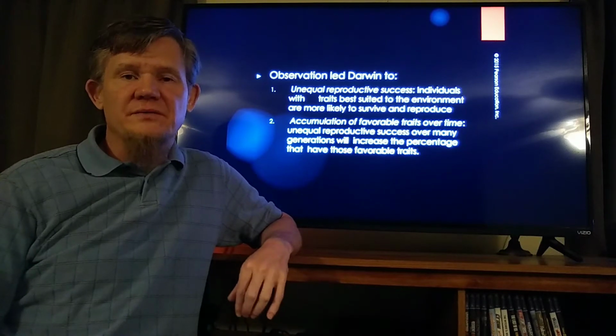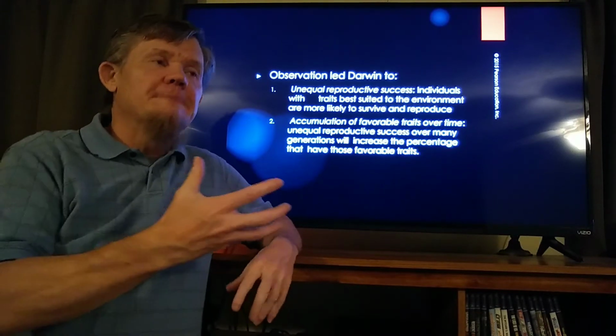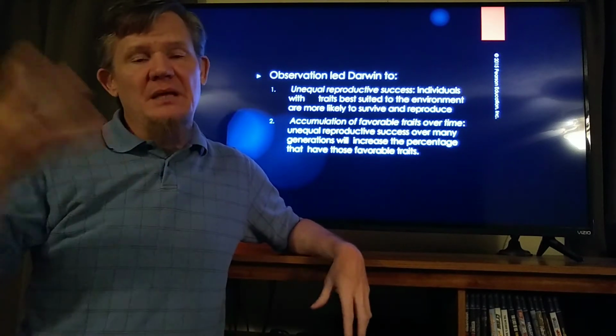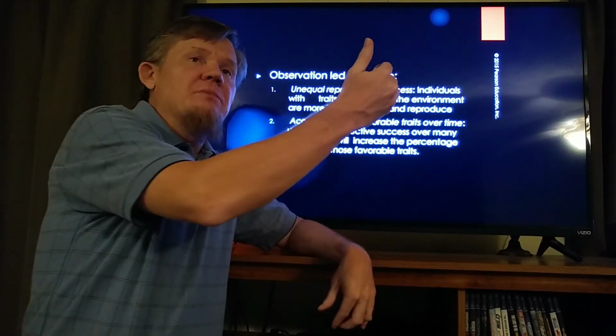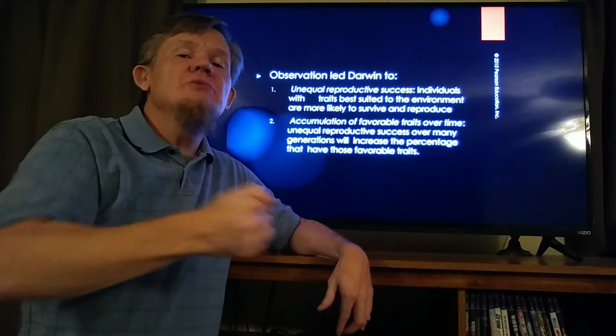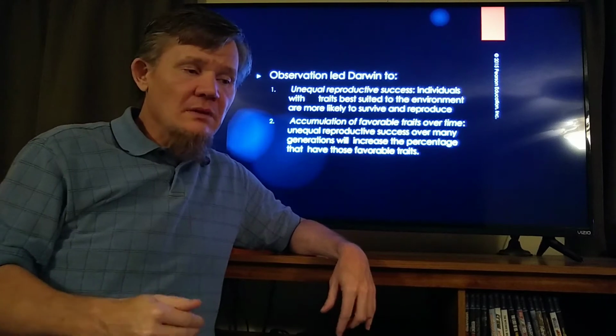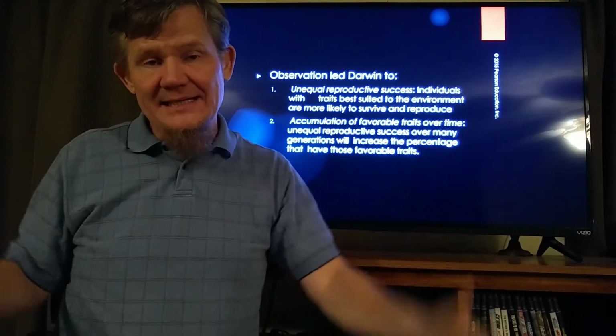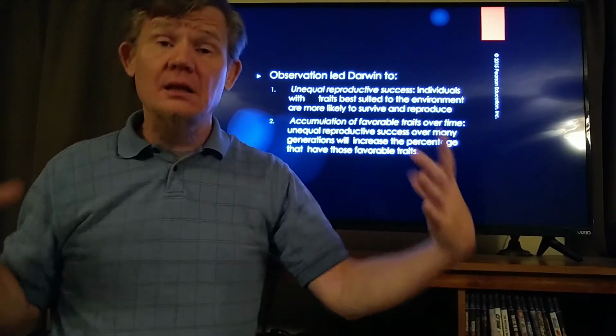Accumulation of favorable traits over time. We just said that. If you survive today, it means that you can survive today, and therefore you can have babies tomorrow. As time goes on, those favorable traits will accumulate in a population. And that allows that population to live very well in that specific area.